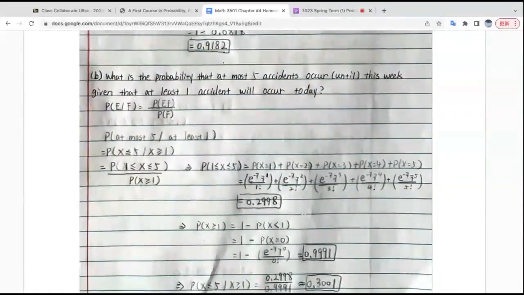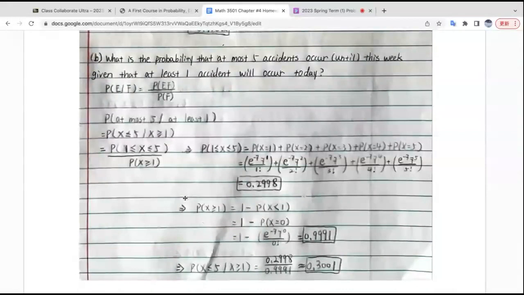And B, what is the probability that at most 5 accidents occur this week, given that at least 1 accident will occur today? So in this question, we use the conditional probability.